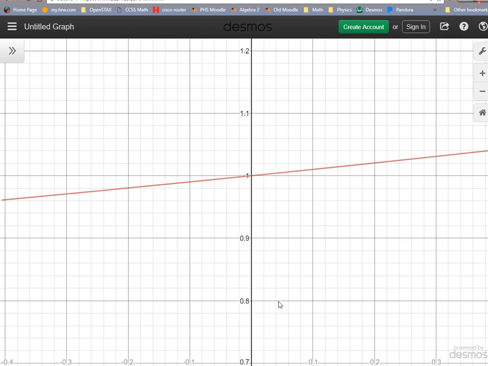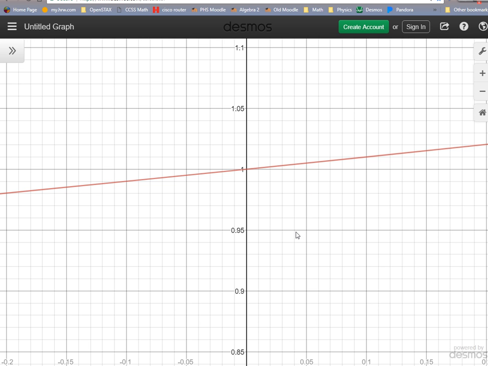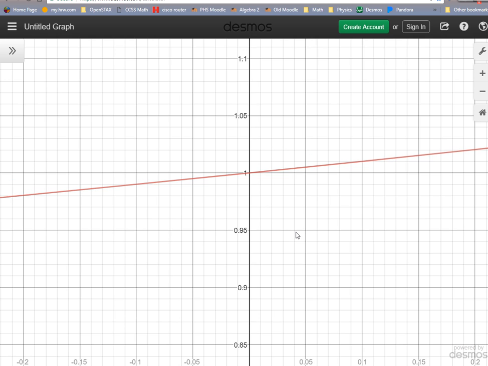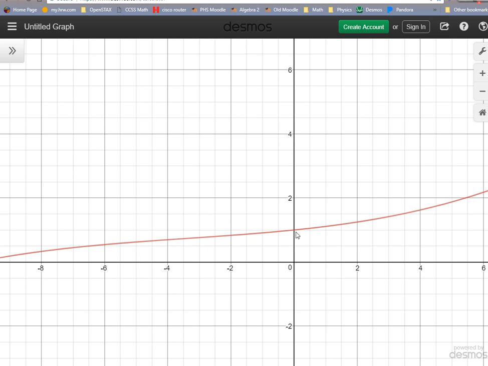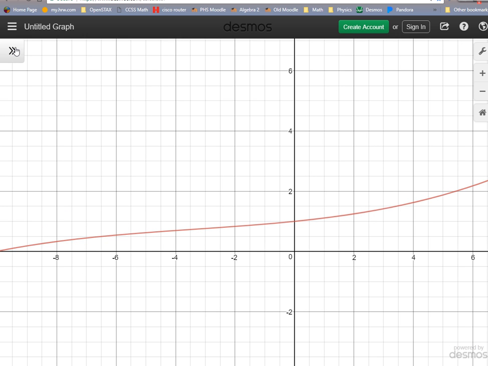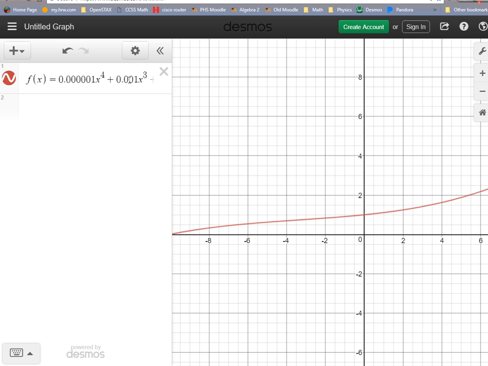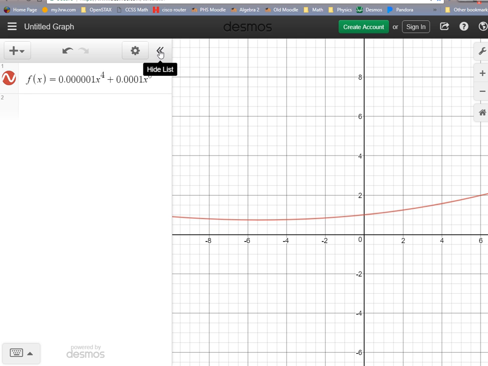So if we look really closely, that looks linear, doesn't it? Right? If I start to pan out, there's going to be a point where it starts to tweak just a little bit here. There we go. That'll do the trick.